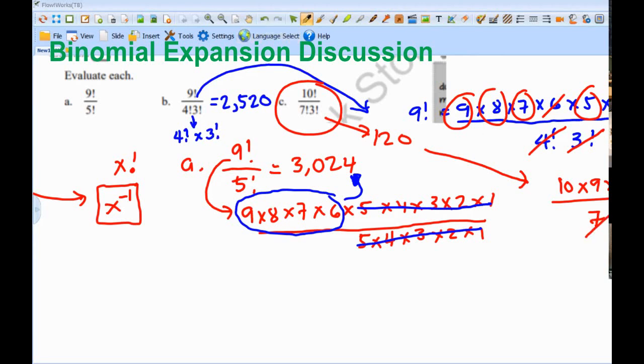So cancel the 7 factorial. So this is 6. So 10 times 9 times 8 is 720, divided by 6. And that is 120. Okay? So that's easy.